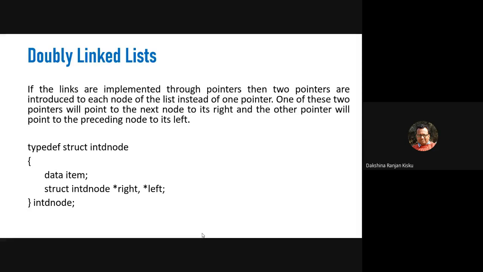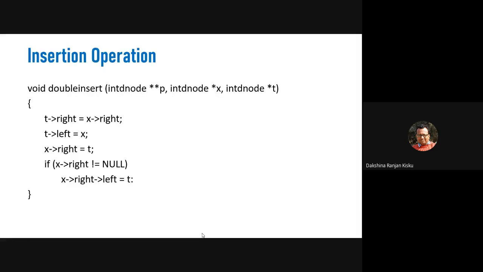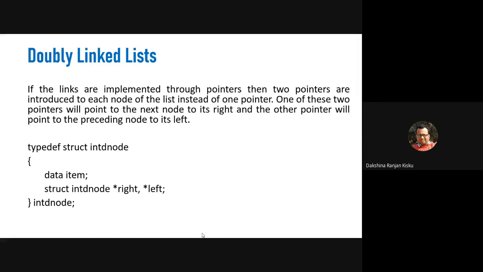You can write the entire program or you can write only the function definition for creating a doubly linked list. You can have this problem as a home assignment and you need to submit it in the next week.